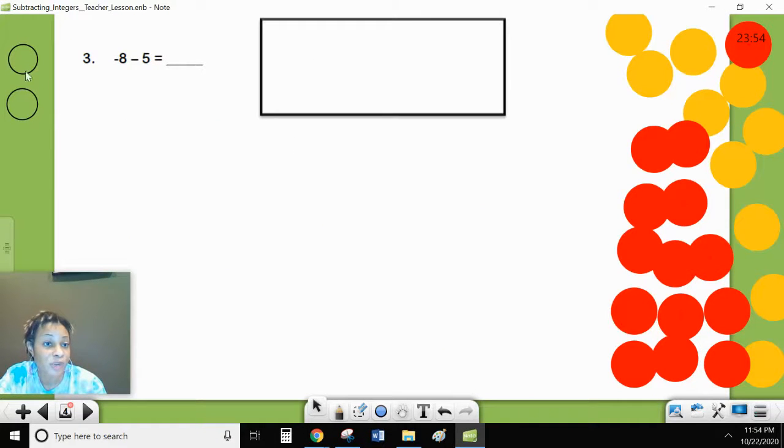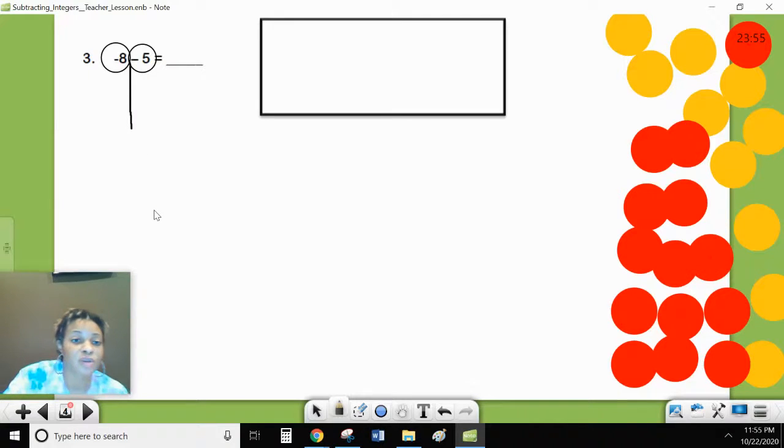So again, we're going to circle the number and everything in front. So I'm going to circle here the 8 and what's in front. Here I'm going to circle the 5 and what's in front. Let me make that a little bit smaller. There you go. Okay. Everything in front. So next step is clarify, verify, and simplify.